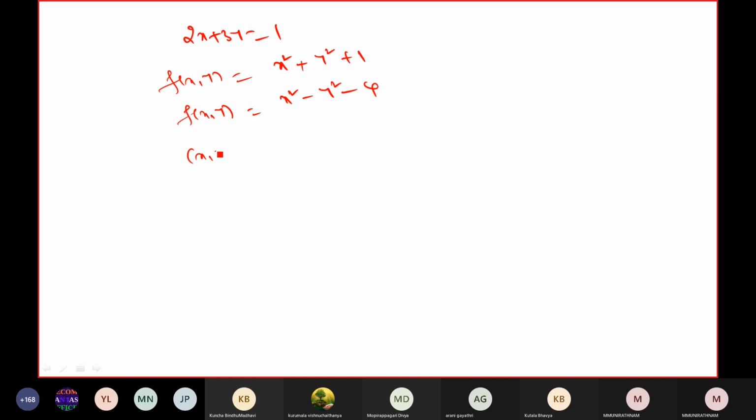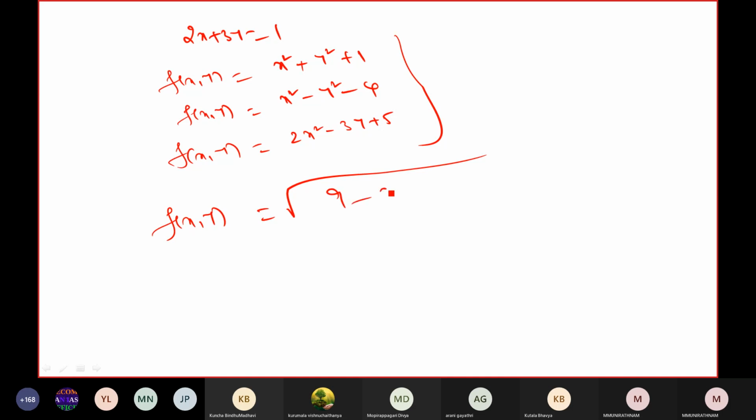Or f of x comma y equal to 2x square minus 3y plus 5. These are all two-dimensional functions. For example, I can define 9 minus x square minus y square, which is a two-dimensional function. What is the domain of this? Anyone?